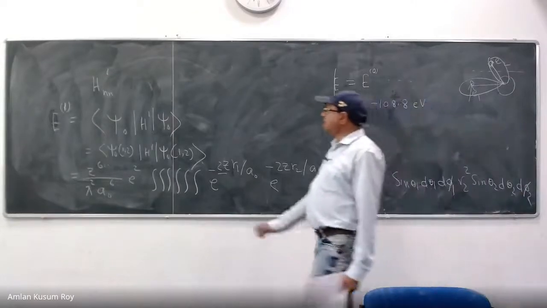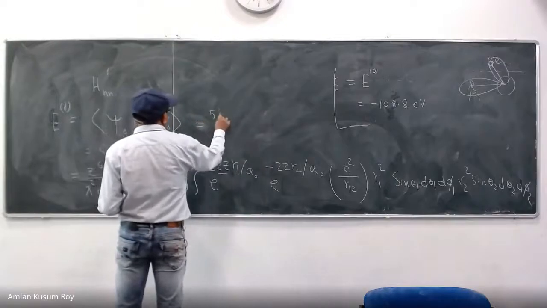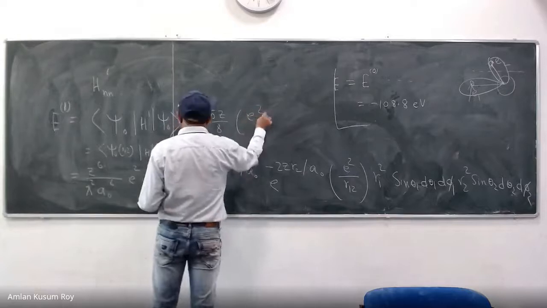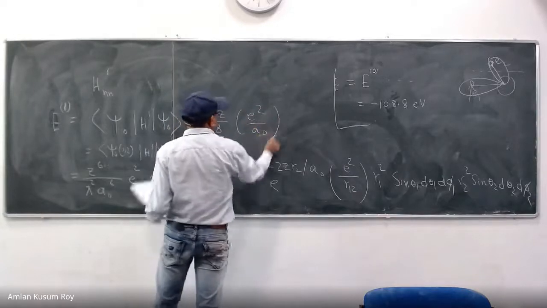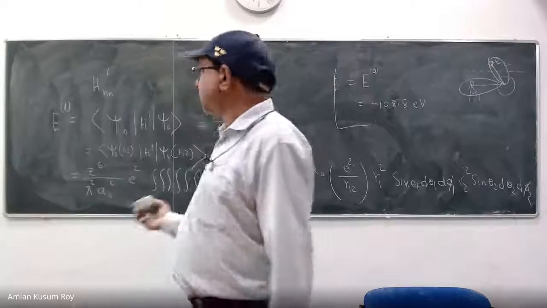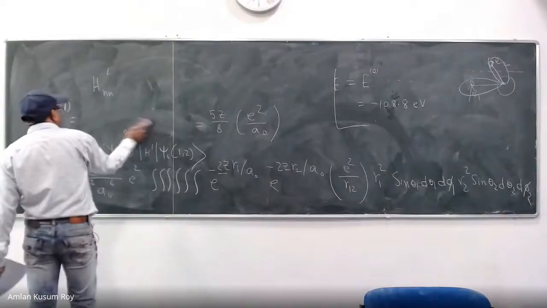If you work it out, this can be done analytically and will give the final answer as 5 Z over 8 times e square over a0. This is something which has been posted in your assignment. There are many ways to do this integral. You can choose whichever route you want, that's fine.